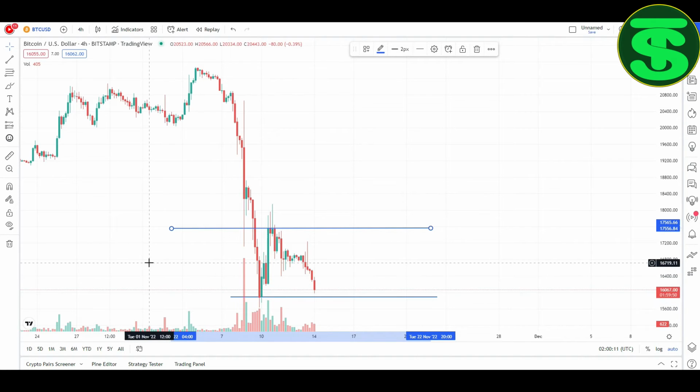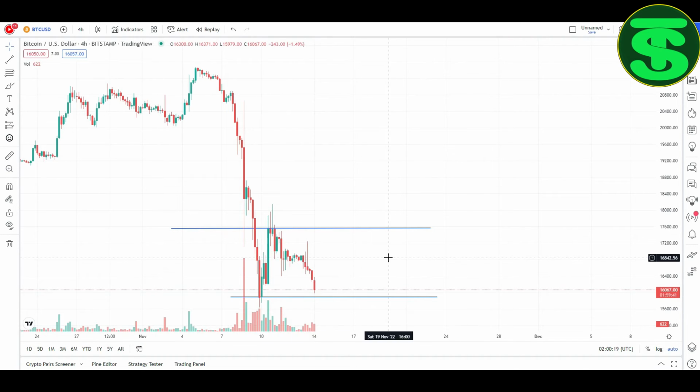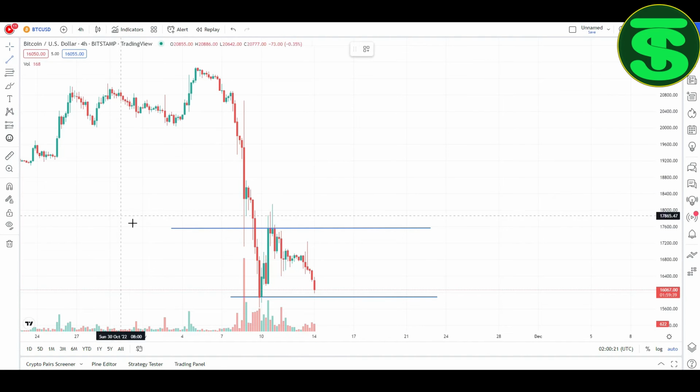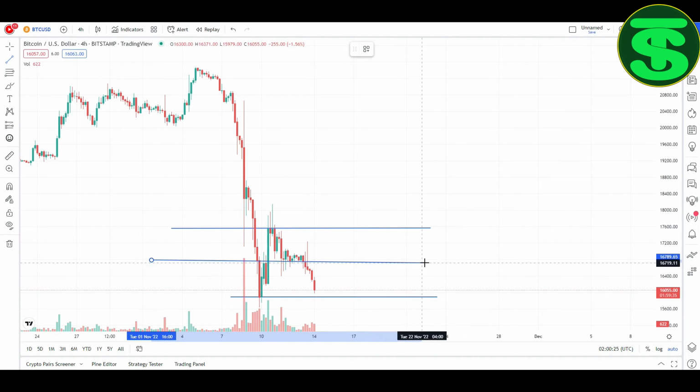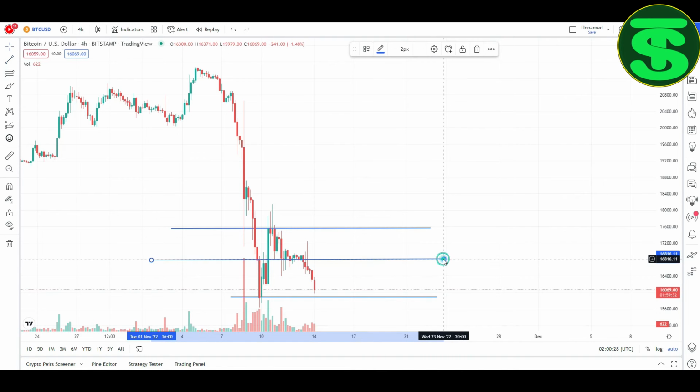Also I take another scale. If you follow these 3 scales, you can identify where the market is going.